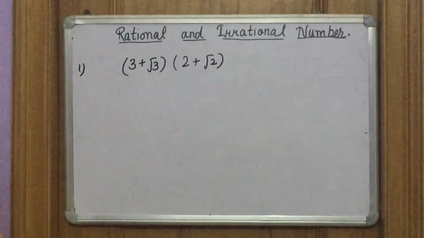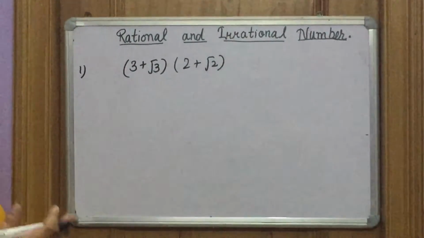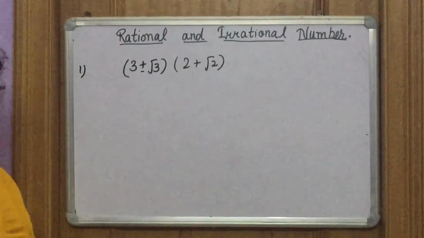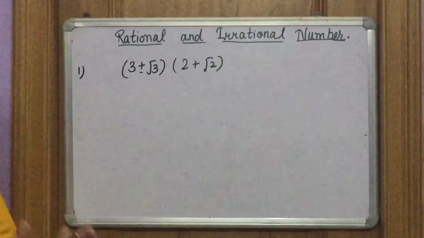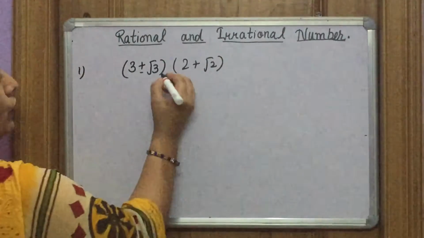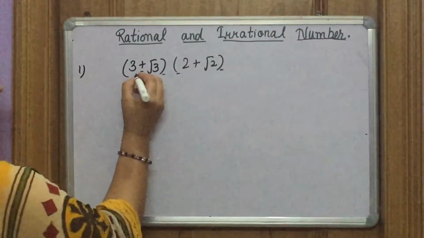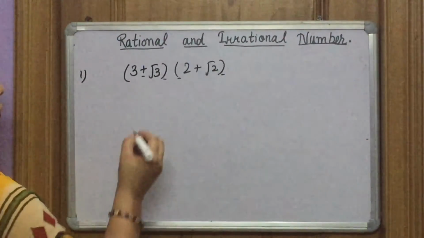Just simplify the terms. That means just open the bracket and apply the operation. If you have the sign of addition, just sum the terms. If you have a sign of subtraction, just subtract the terms. So first of all, we will open the brackets. What will we do here? Use distributive law.